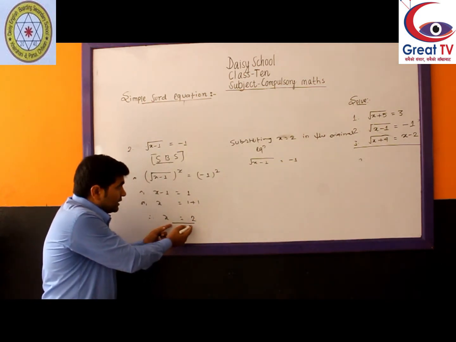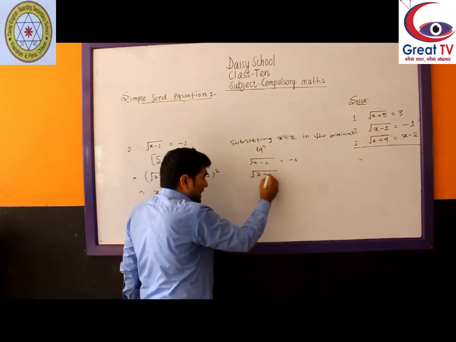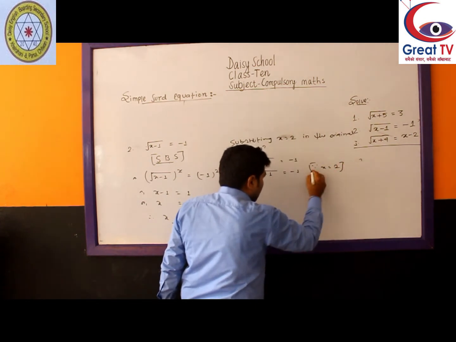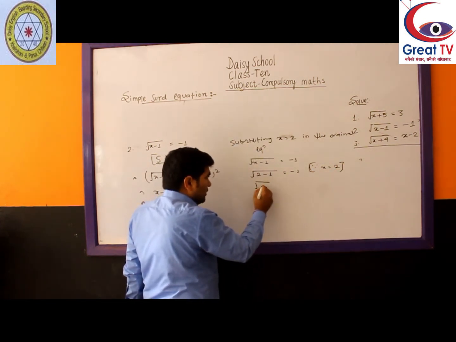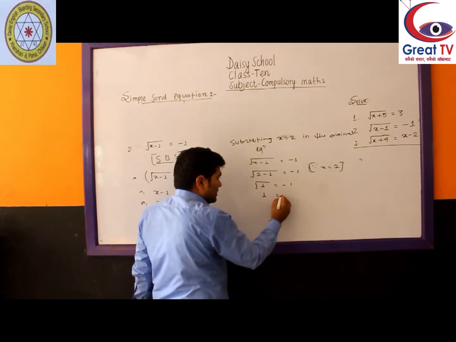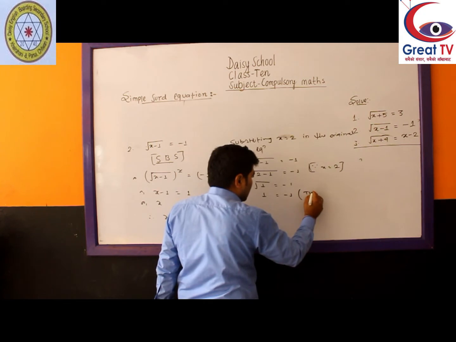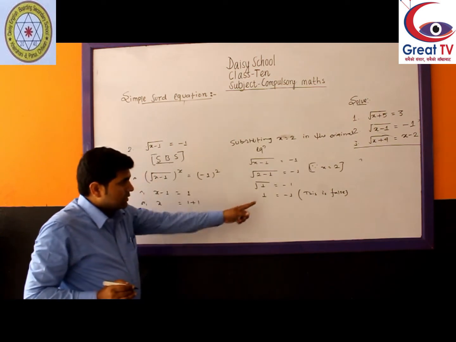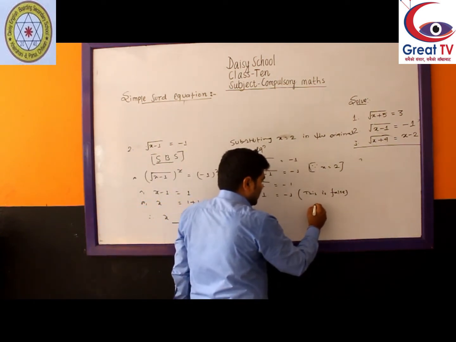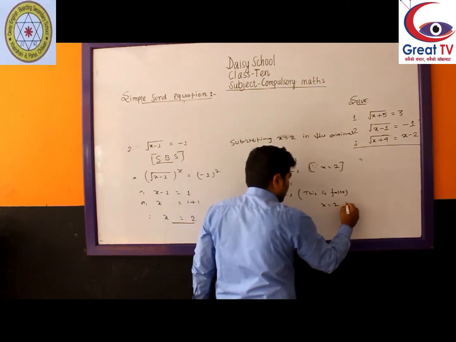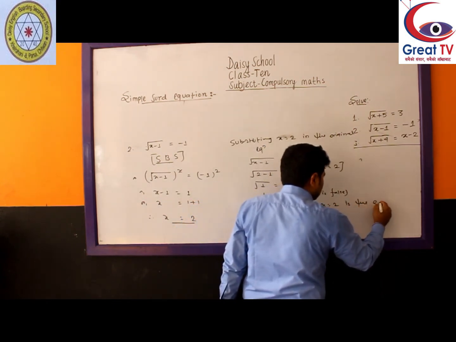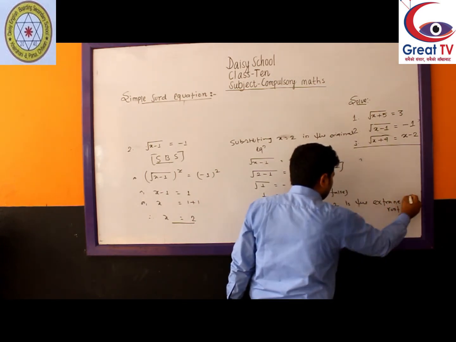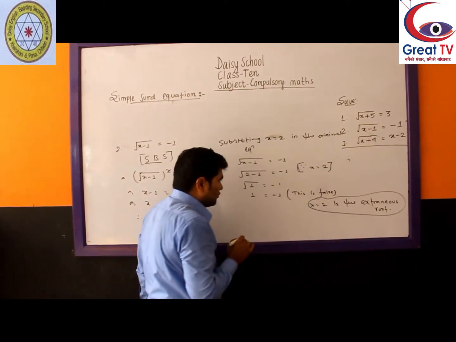Now root under 2 minus 1 equal to minus 1. Root under 1 equal to minus 1, 1 equal to minus 1. This is false. So this root x equal to 2 is the extraneous root of that one.